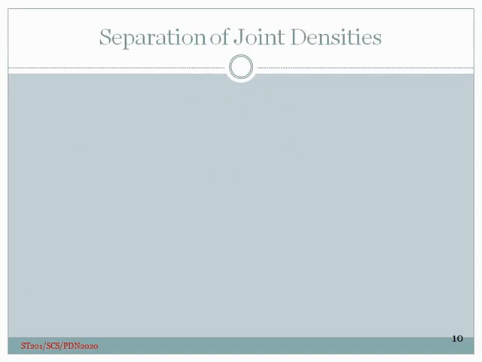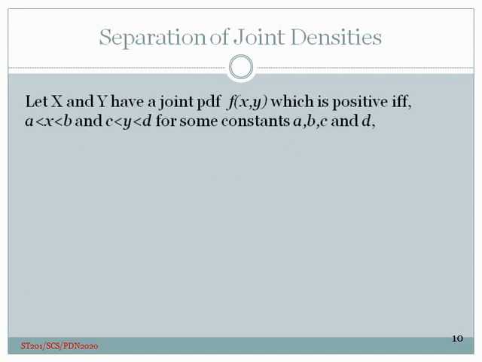There is another way to check whether two variables are independent or not by separating the joint densities. Suppose x and y have the joint PDF f_XY, which is positive if and only if x has the support from a to b and y has the support from c to d for some constants a, b, c and d.